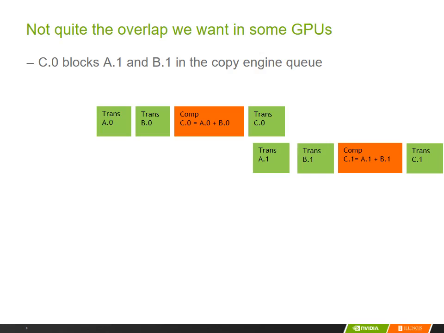That's why we're showing the beginning of execution for A1 to be slightly after the beginning of execution for C0. What we wanted was to have A1 and B1 transferred while C0 is being computed. So this timing shows that we failed to achieve what we wanted in terms of the overlap between data copy and compute, using the code that we showed in the previous slide.